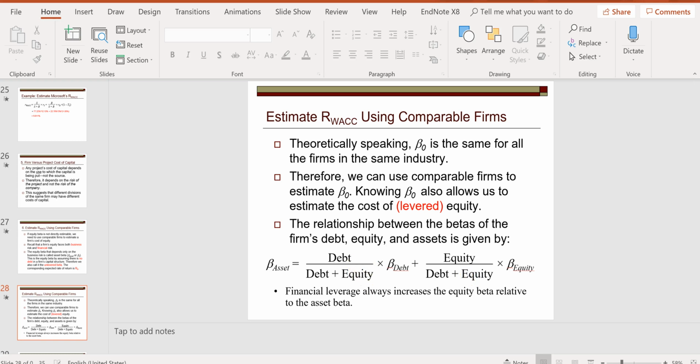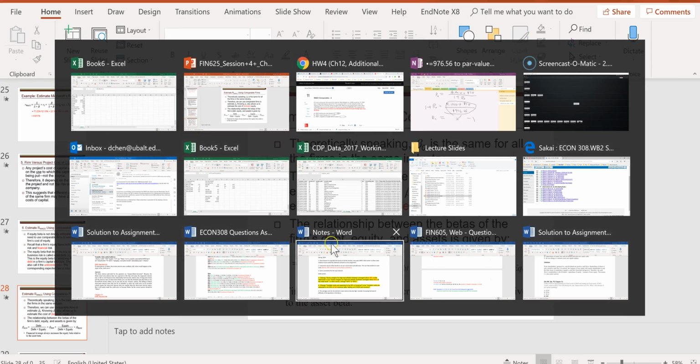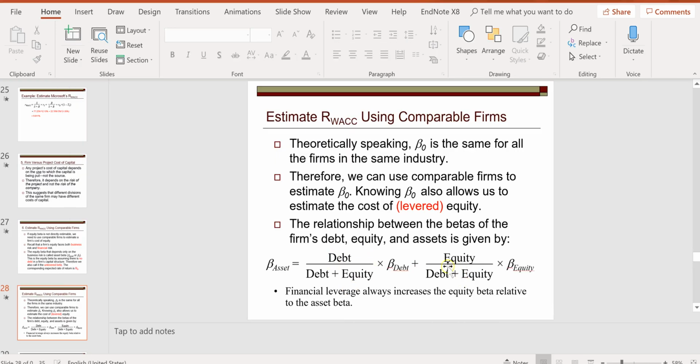Based on the debt equity ratio, we did that calculation for the debt value ratio and equity value ratio. As we know these two numbers, we can also figure out the beta of debt.